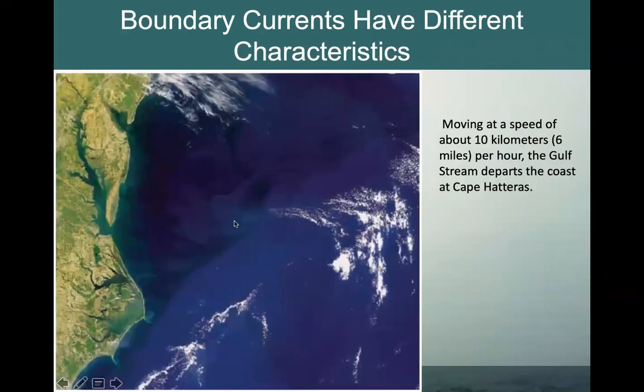Another thing that we notice when we're looking at a western boundary current is that it has a very defined boundary. Even just looking at it visually in the satellite image right here, we see Cape Hatteras, which we've already talked about, where the Gulf Stream breaks away from the coast, and we can see this very strong boundary indicating exactly where the Gulf Stream is.